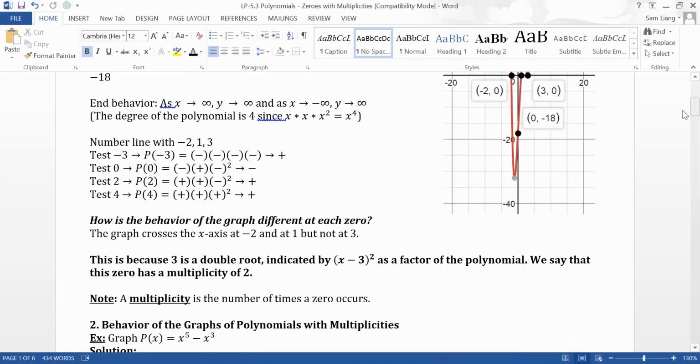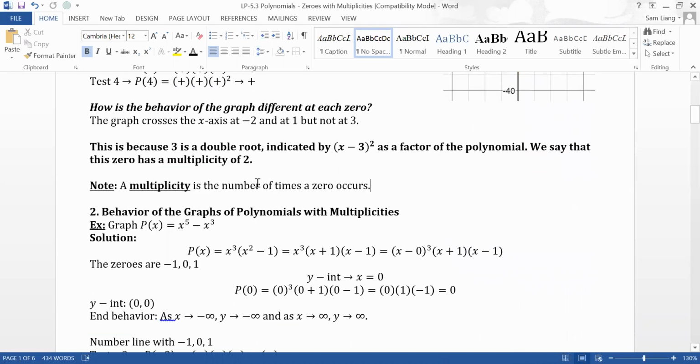All right, what I do want you to copy down, though, is the following. So just copy down this really quickly. This is not a formal definition of multiplicity, but this is how we're going to use the word multiplicity in this context. A multiplicity is the number of times a 0 occurs.